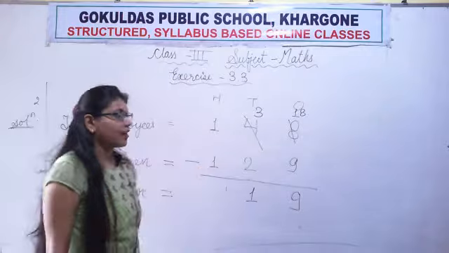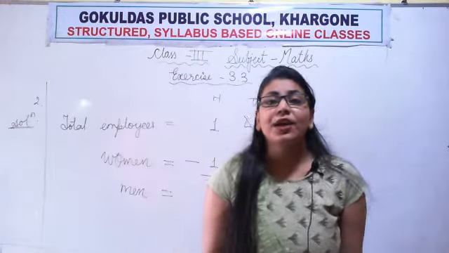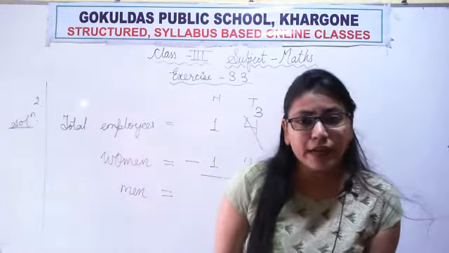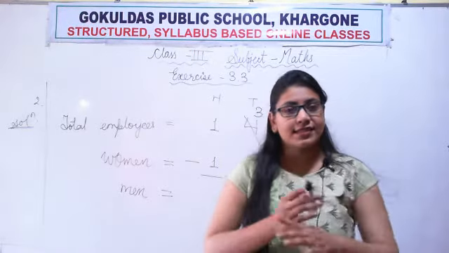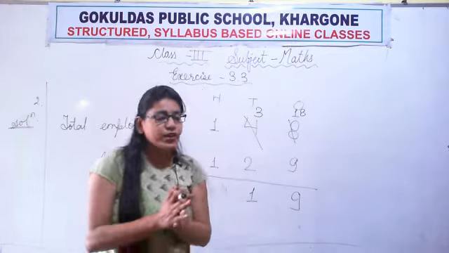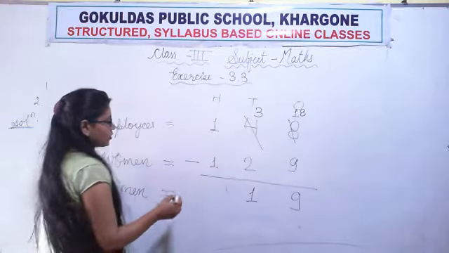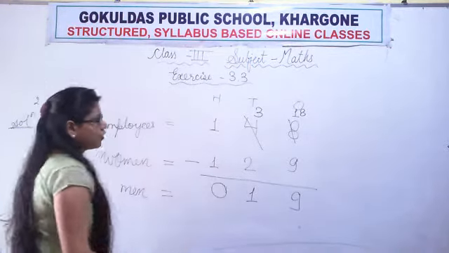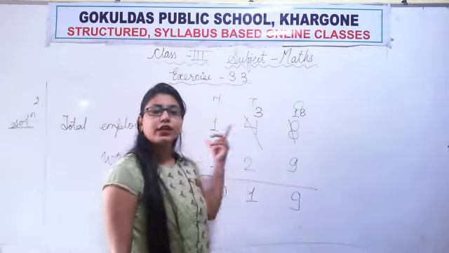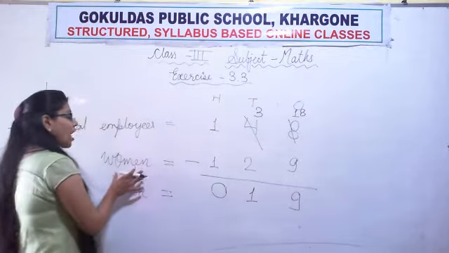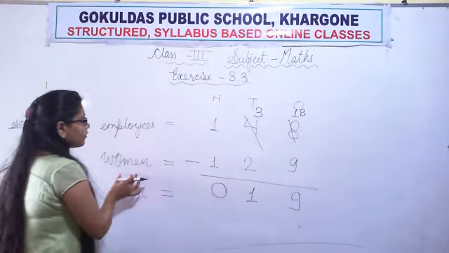1 minus 1. Remember the subtraction property? Whenever a number is subtracted from itself, the result is 0 or the difference is 0. So 1 minus 1 is equals to number 0. We'll write the number 0. So total employees were 148. Out of them 129 are women.